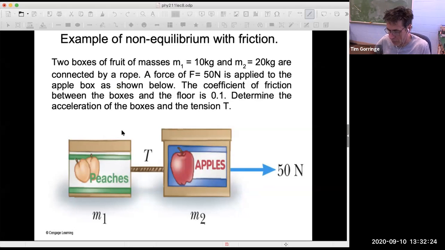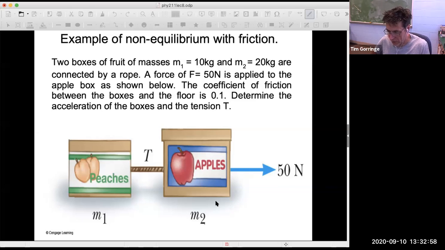So in this particular problem, we're told that we've got two crates containing fruit, peaches over here on the left and apples over here on the right. And there's a 10 kilogram crate on the left and a 20 kilogram crate on the right. Now, the two crates themselves are connected by a rope. And then I'm pulling, say, on a rope on the right-hand crate with a 50 Newton force.